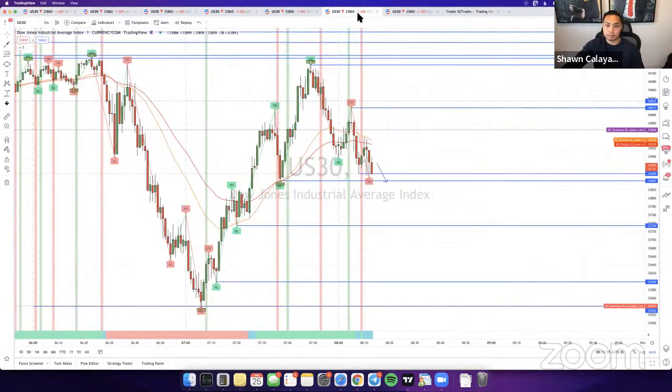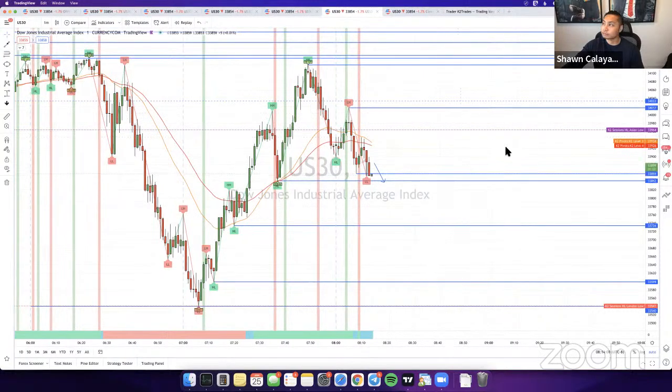Let's go back to this 1 minute over here. And this market, it's kind of slowed down a bit, but trying to see if it pushes down, because they hit this area of liquidity right here. See if it pushes down to this next level right here.